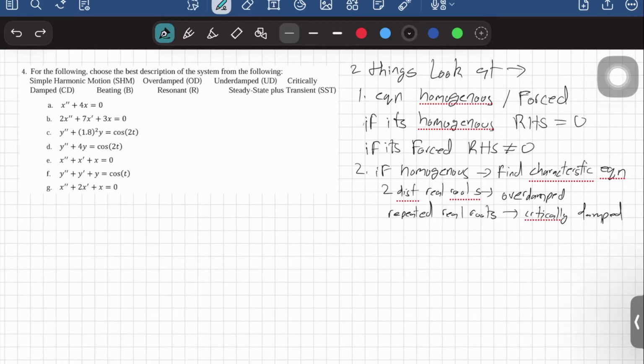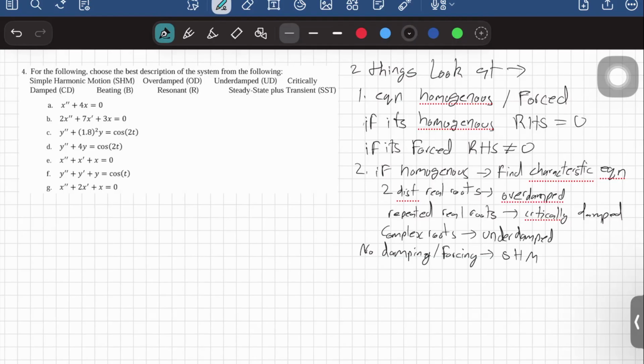If we have two distinct and real roots, it's overdamped. If it's repeated real roots, that's critically damped. If it has complex roots, the equation is underdamped. And if it has no damping or forcing, that just means it is simple harmonic motion, SHM.